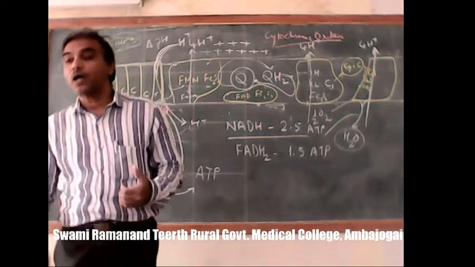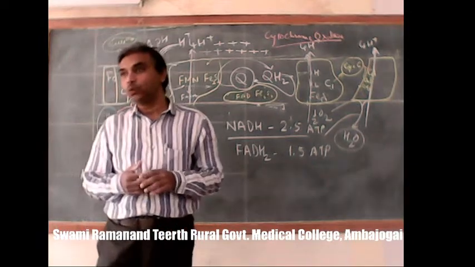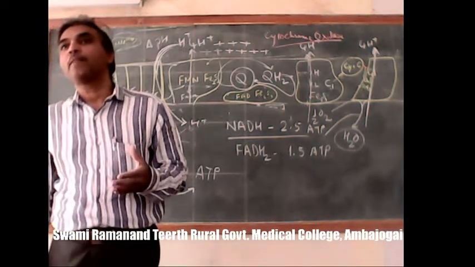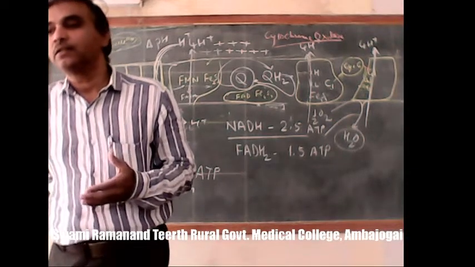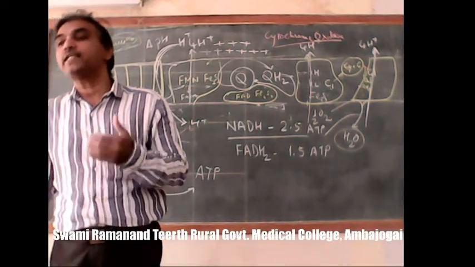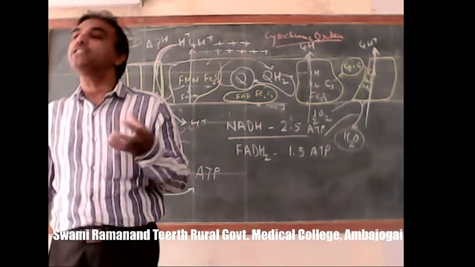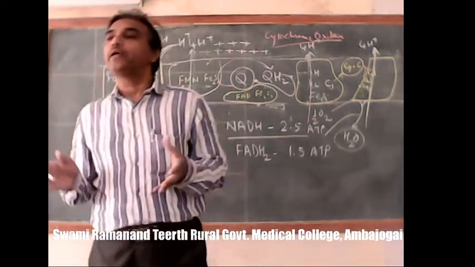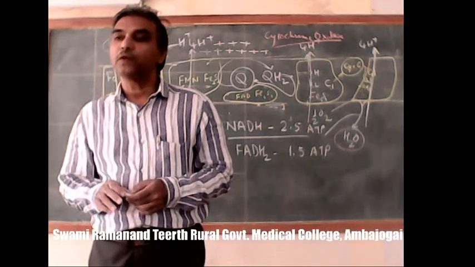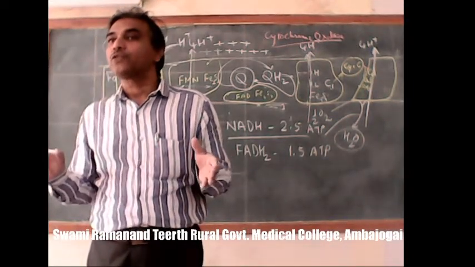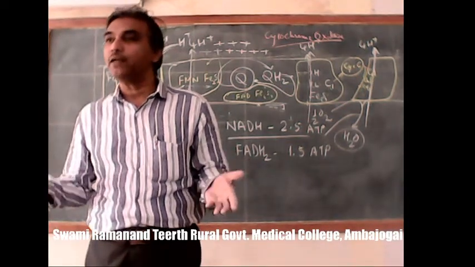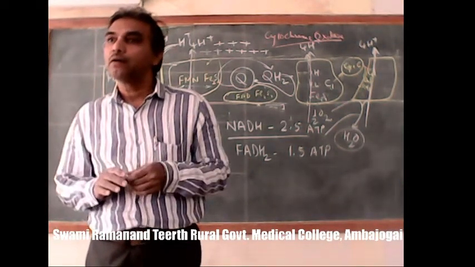So how many ATPs do you get when there is a drop of around 50 kilocalories? What is expected and how much is formed? We have calculated around 52 kilocalories liberated, delta G. So how many ATPs do you expect? Around 7, but you get 2.5.